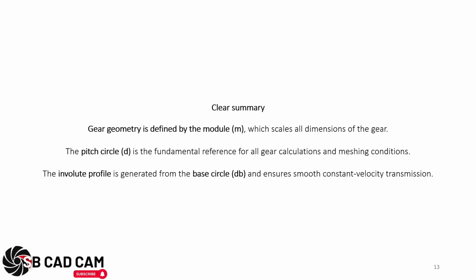You will understand this in the next video and how we do it. And in another video, we will see how we can apply this with CAD software, especially with CATIA and SolidWorks. And this will help us to ensure smooth constant velocity transmission.